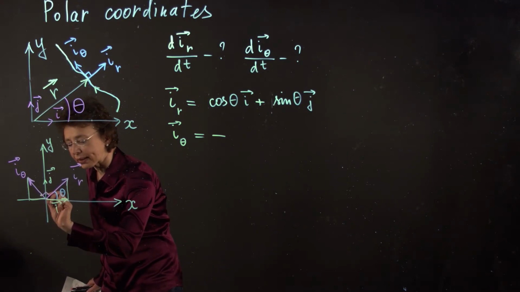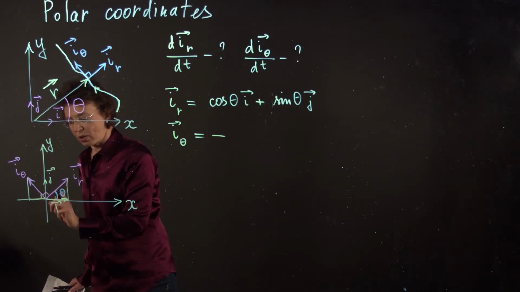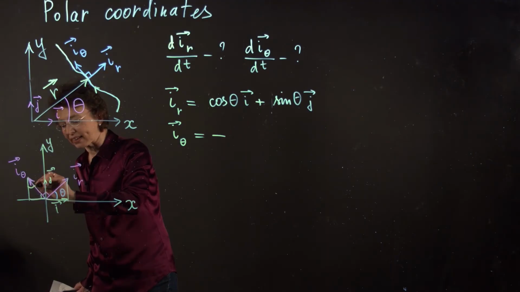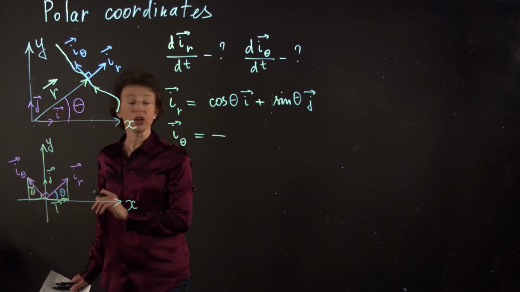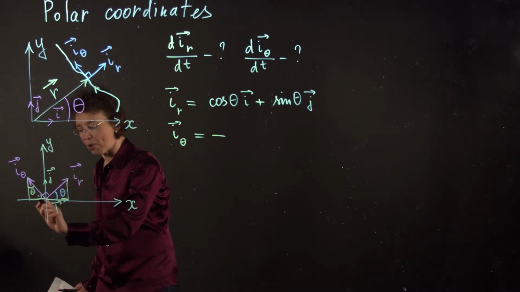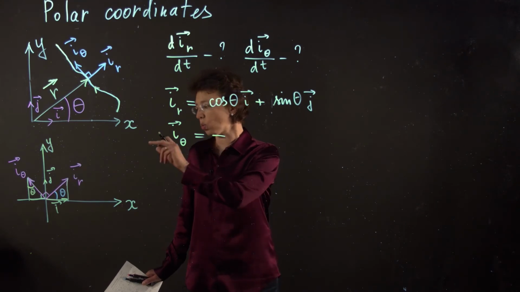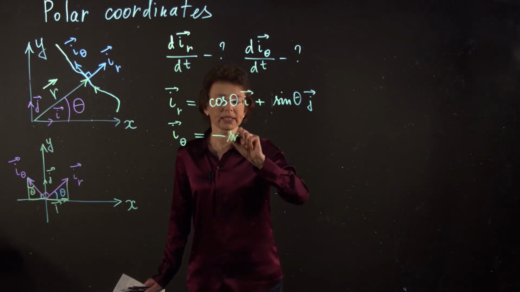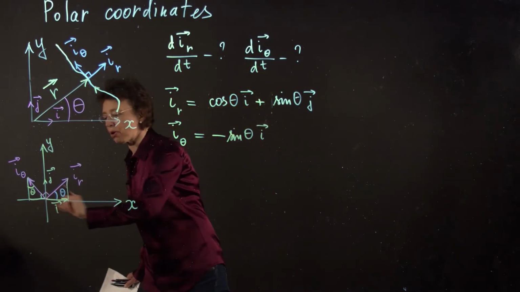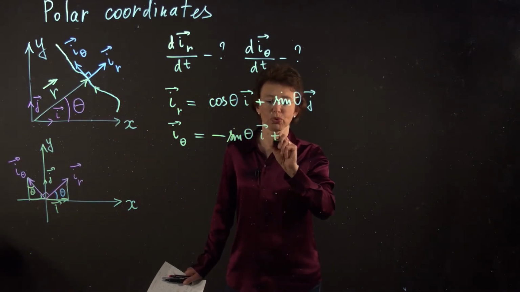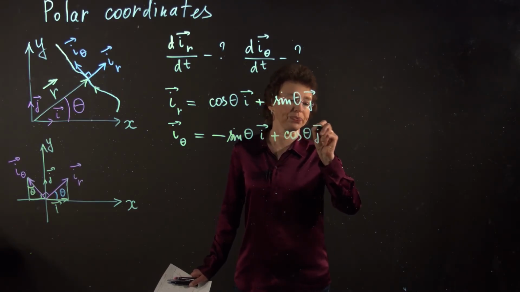Then this angle is 90 minus theta, which means that this angle is theta. So my x component of i_theta is minus 1 times sine theta i, and the y component of i_theta is positive, so it is plus 1 cosine theta j.